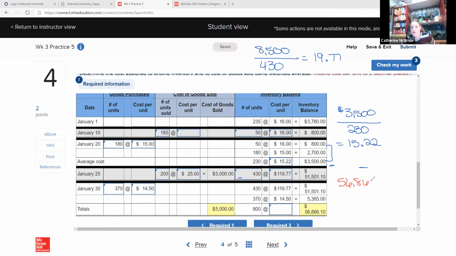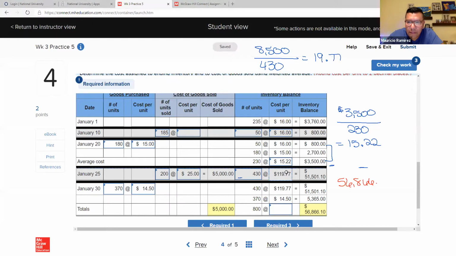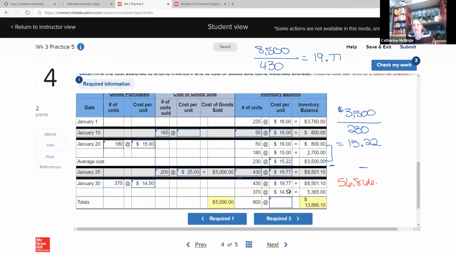Now, Professor, the amount is 19.77, not 119.77. Thank you. This one? Oh, yeah, right. Oh, and that's a good example. I always say, look at the number and see if it could be reasonable.